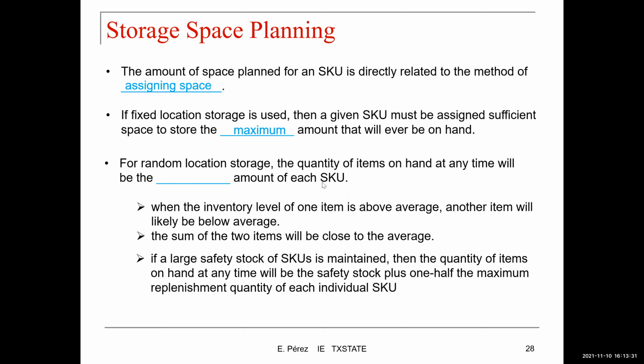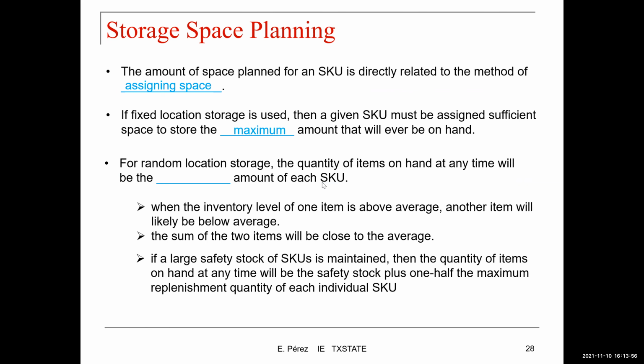Okay, so if we are using the fixed location storage, then we know that for paper towel, the maximum that we're going to store is 100 units. Then we need to plan our warehouse to have that space for 100 units, which is the maximum that you would ever have.